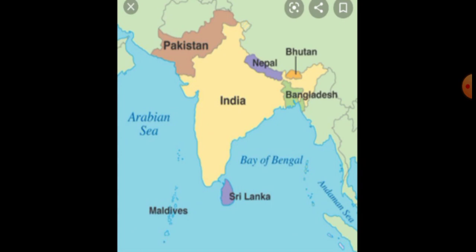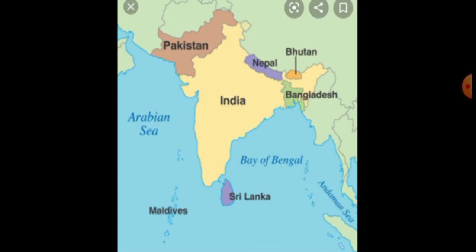Some countries are also part of the Indian subcontinent. Do you know, students, which countries are part of the Indian subcontinent? They are Pakistan, Myanmar, Bangladesh, Nepal, Bhutan, and Sri Lanka.